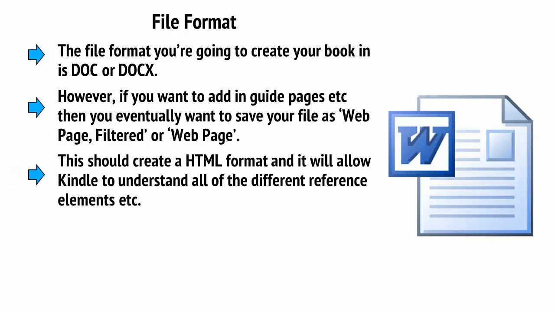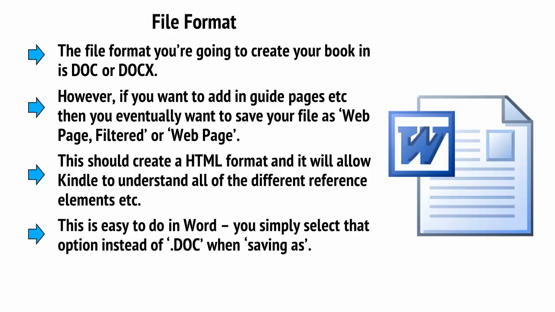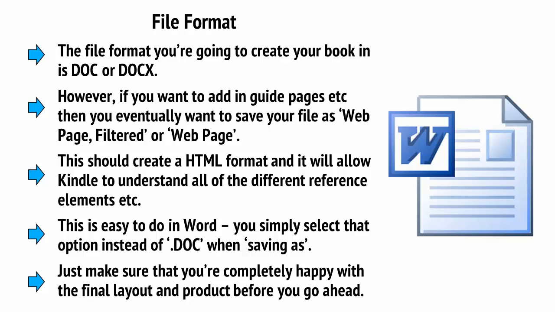This should create an HTML format file and it will allow Kindle to understand all of the different reference elements, etc. This is easy to do in Word. You simply select that option instead of .doc when saving as. Just make sure that you're completely happy with the final layout and the product before you go ahead.